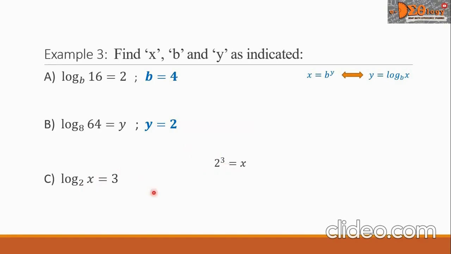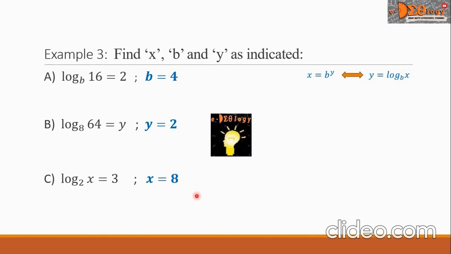And this is equal to this number x. I will just simplify the 2 cubed, and this will give me 8. So 8 equals x. And this equation gives me the value that I want, that x equals 8. This is my answer. I will just copy this opposite letter C. So we are now complete with our answers for A, B, and C.